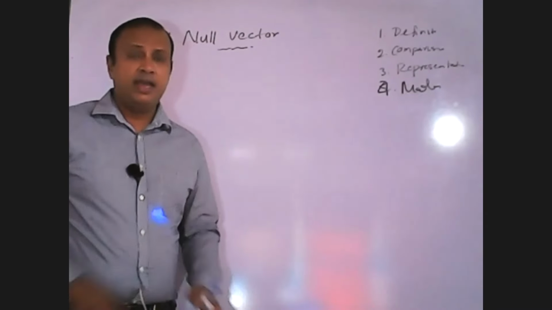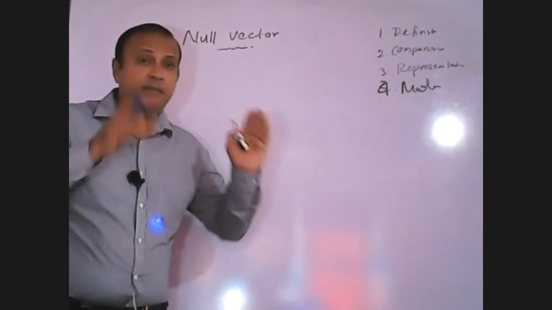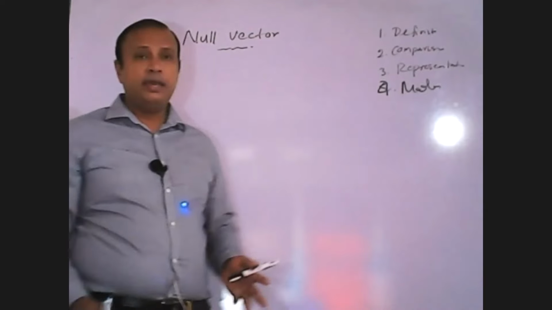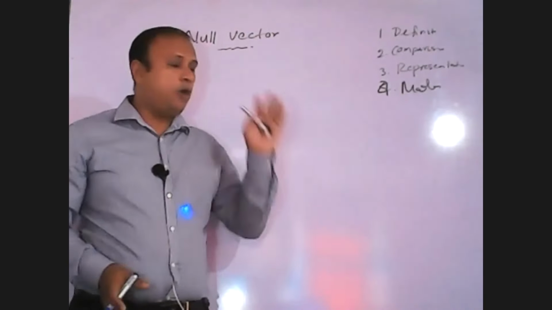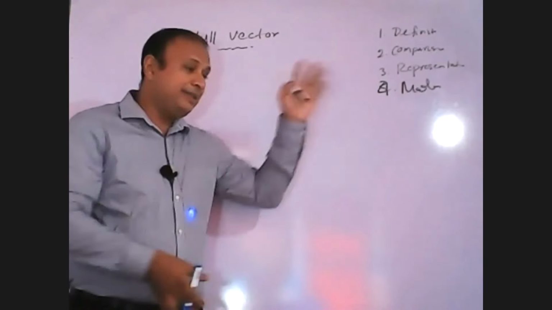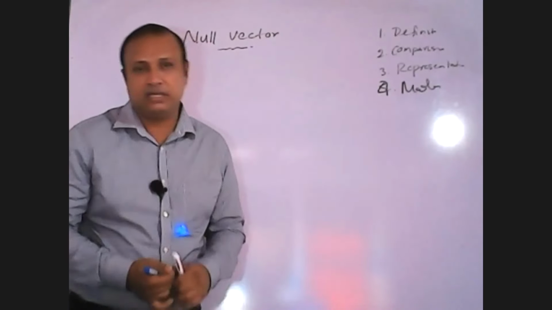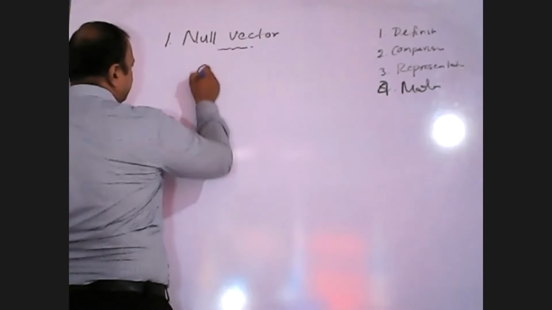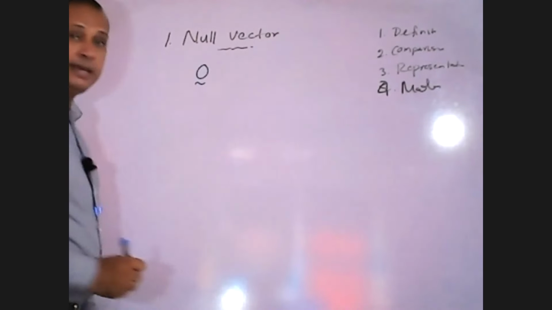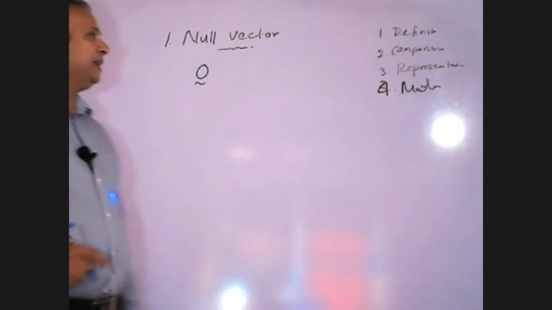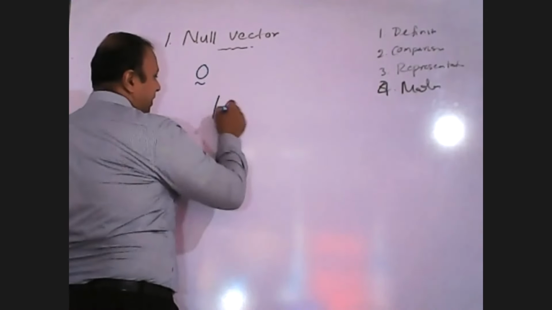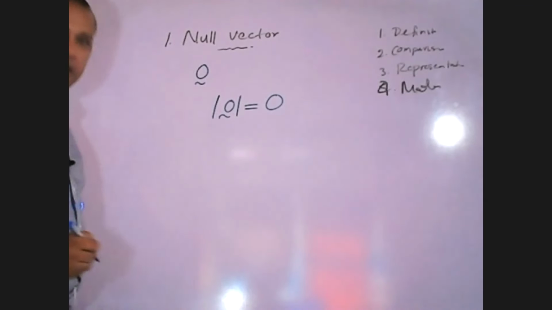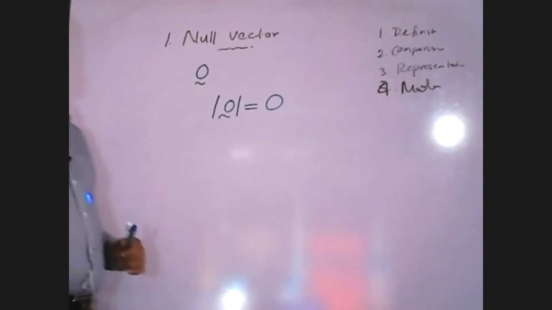If the magnitude of any vector is equal to zero, that vector is called a null vector. Normally we denote the null vector with the zero symbol. Then the magnitude of this zero vector, the null vector, is equal to zero.